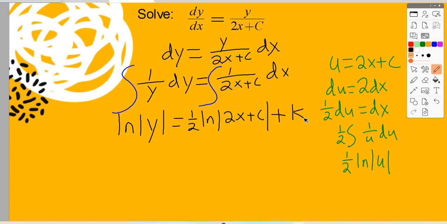So again, how would I simplify this if I wanted to solve for y? Raise everything to e. Make e the base for everything. There you go. I'm exponentiating. So I'm just left with the absolute value of y on the left hand side.